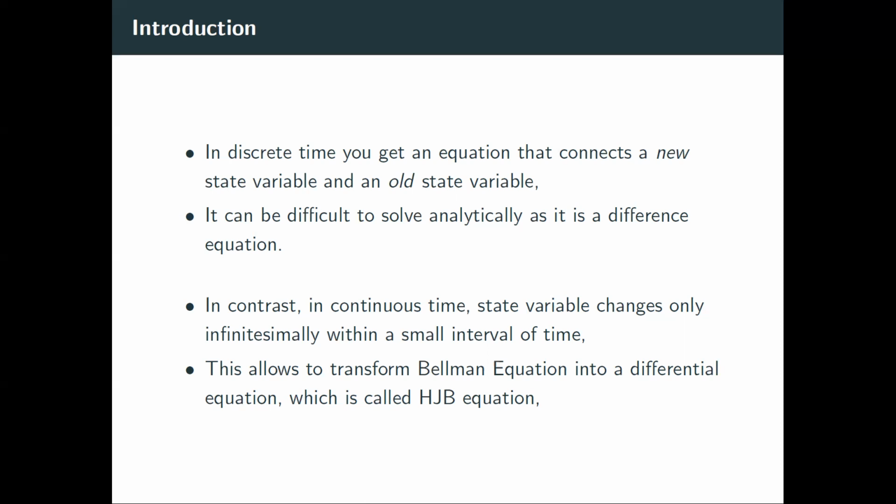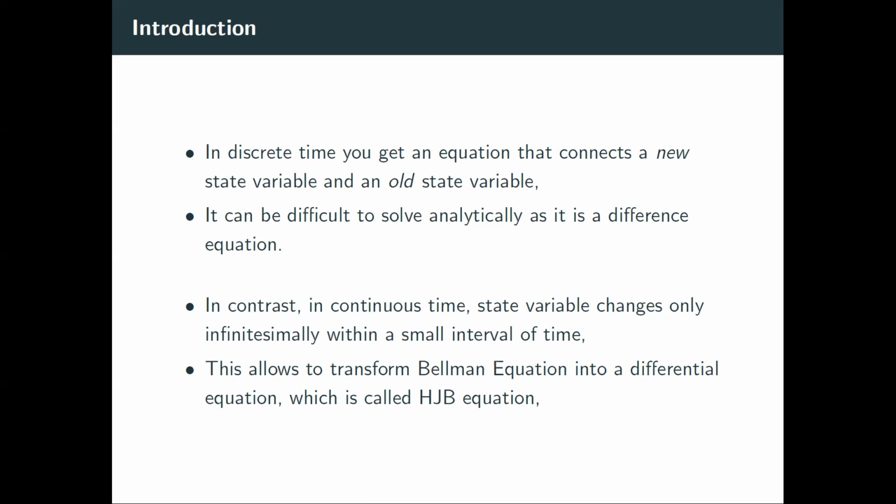It will change only infinitesimally, because the time increment between today and the next instant is infinitesimally small. And this allows us to use the Taylor approximation for the value function on the right-hand side.